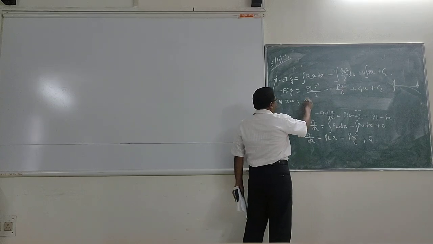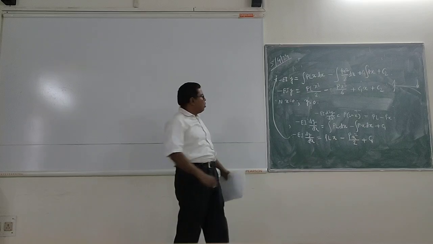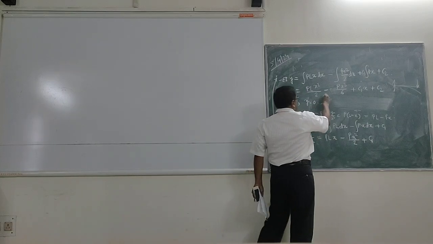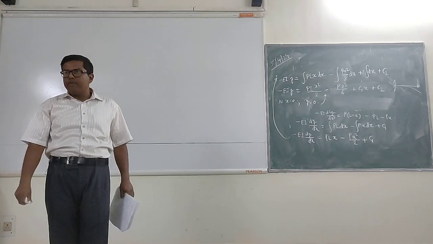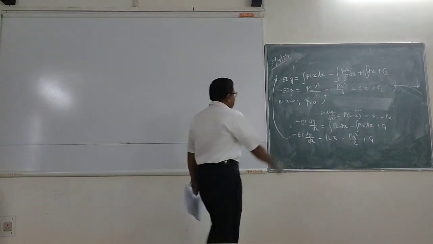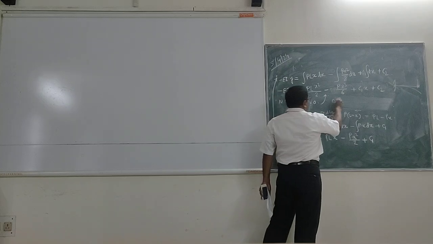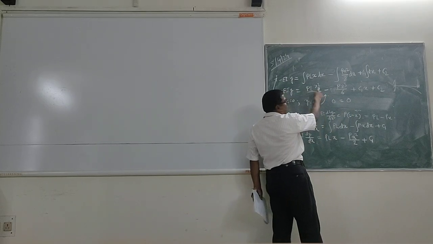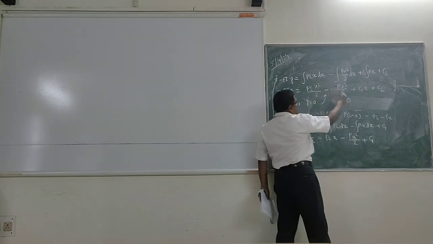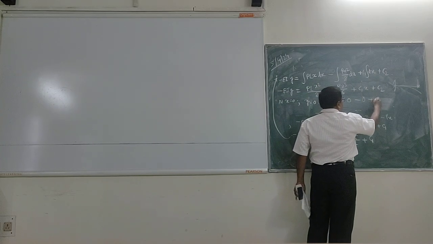At x equal to 0, y equal to 0. So I put the condition back in this final equation. What will happen? EI into y will become equal to 0. X equal to 0, so Px cubed is 0, this becomes 0, this becomes 0.